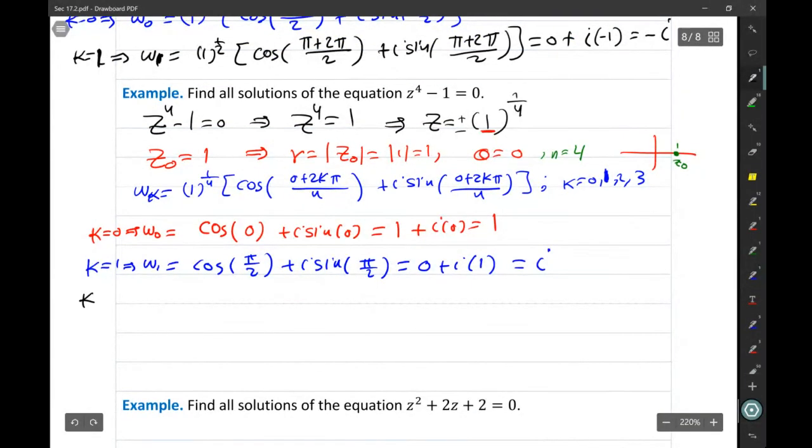Continue. When k is equal to 2, W2 equals cosine 4 pi over 4, which is pi, plus i sine pi, which is minus 1 plus i times 0, which is minus 1.